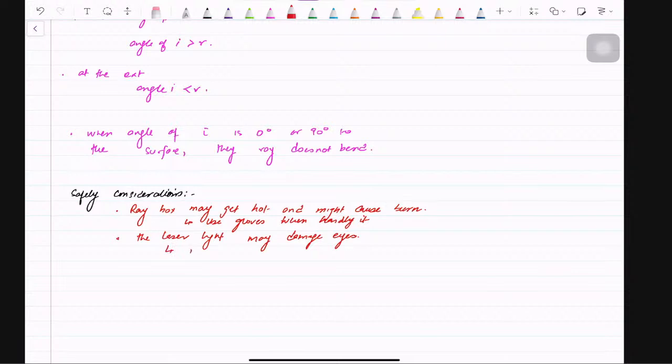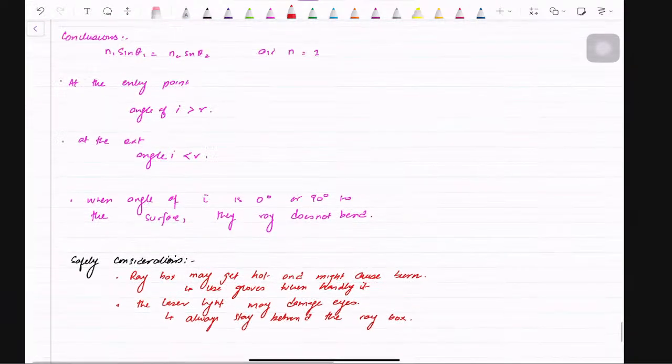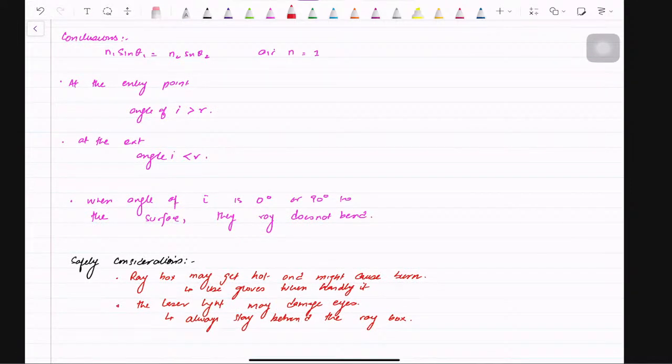So always stay behind the ray box. Do not come directly in front, or look at the ray directly. That might cause injury. Okay, I hope that's clear now. Yeah. Have you written everything? Is there something that is left? Please let me know. I can go back to that point. No, it's done.